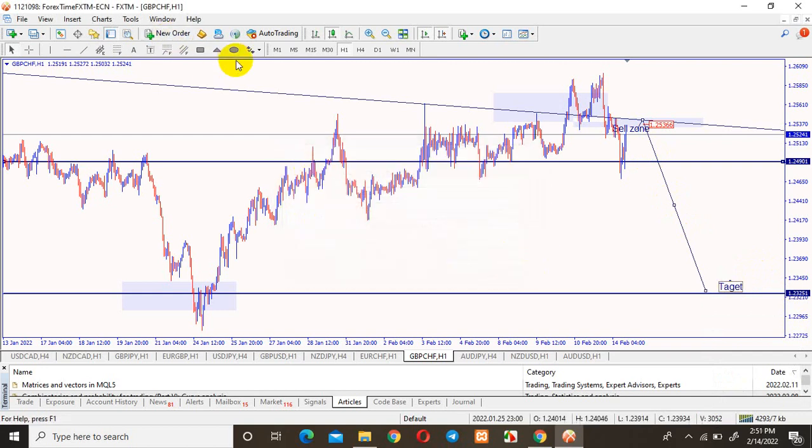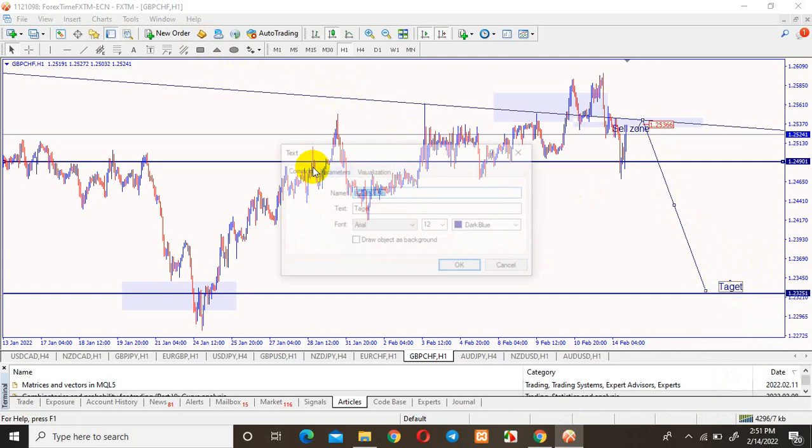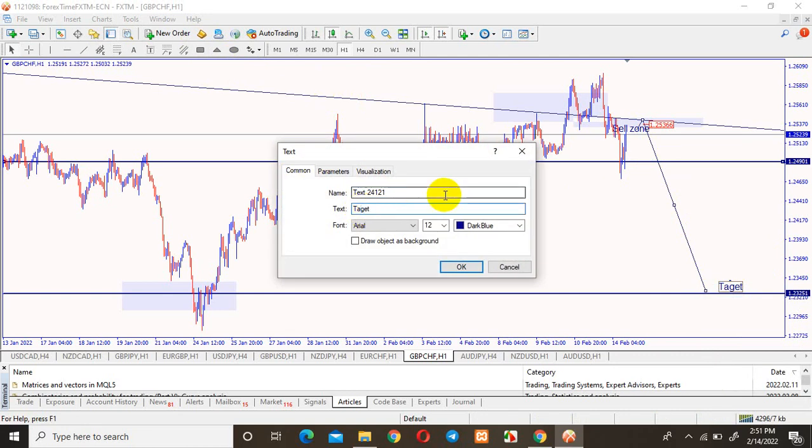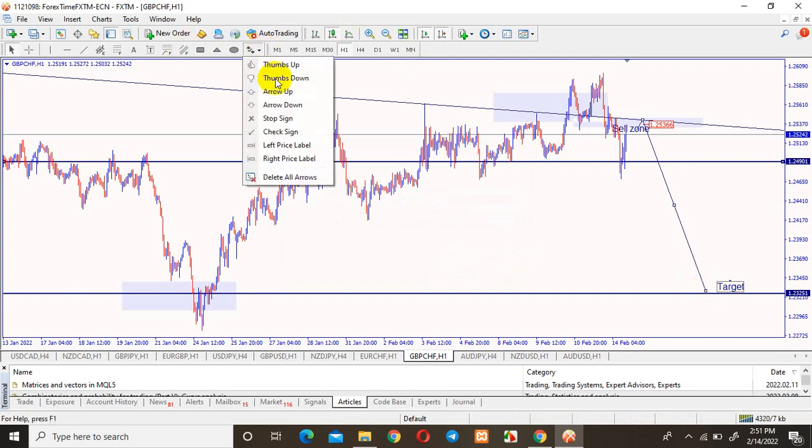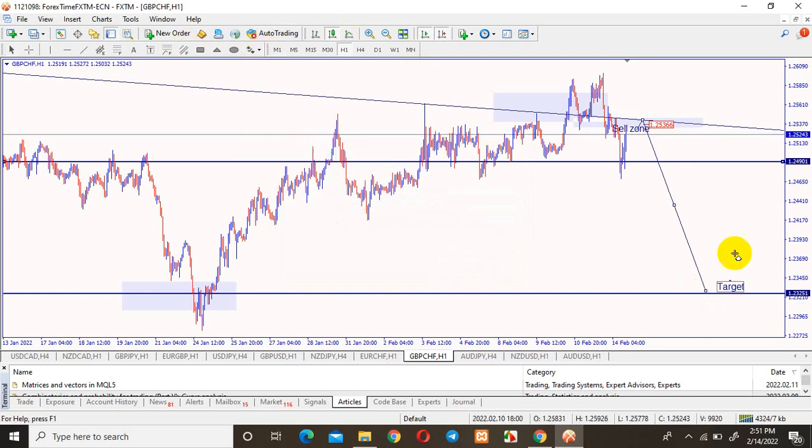Target zone should be around 1.2335. That is our first target point.